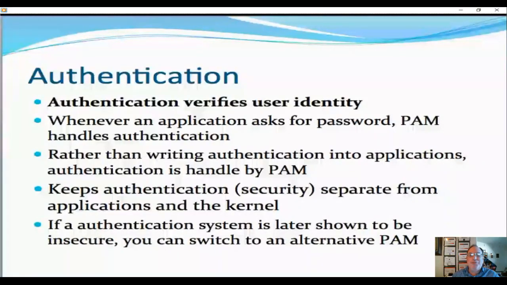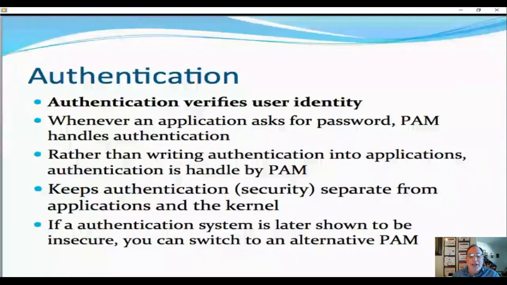That puts Windows at a little disadvantage right off the bat, because if Linux were using MD5, which it used to, but it doesn't anymore, you don't have to reinstall the whole operating system. You change the pluggable authentication module, and everything else stays the same, totally transparent to the user.